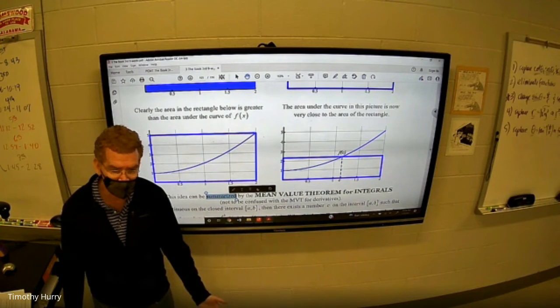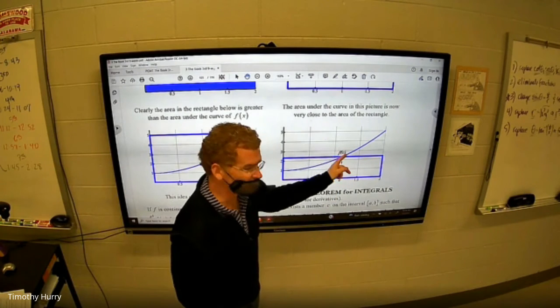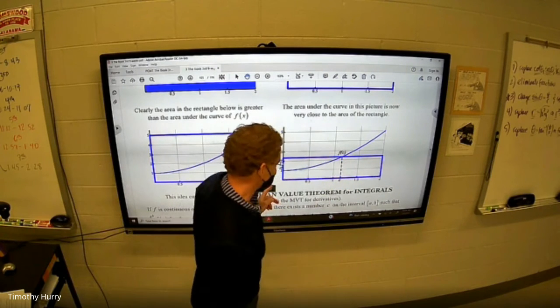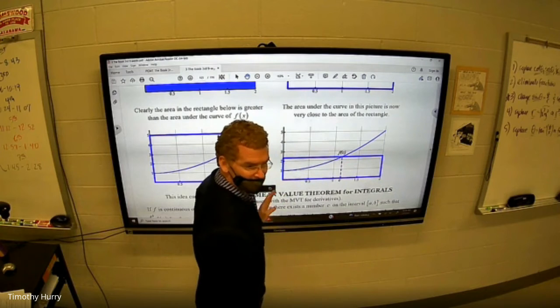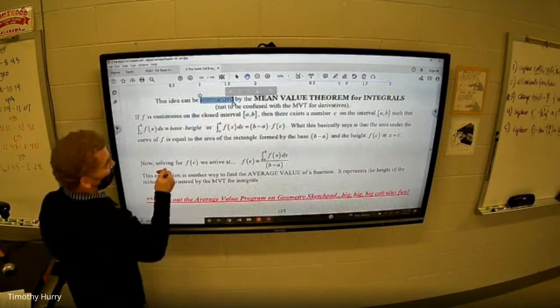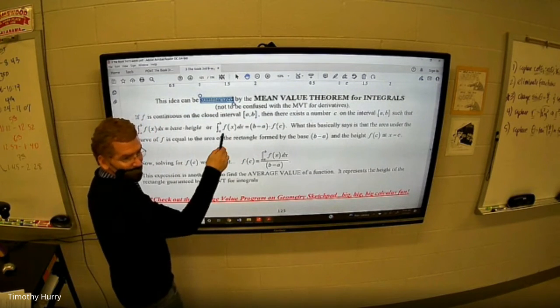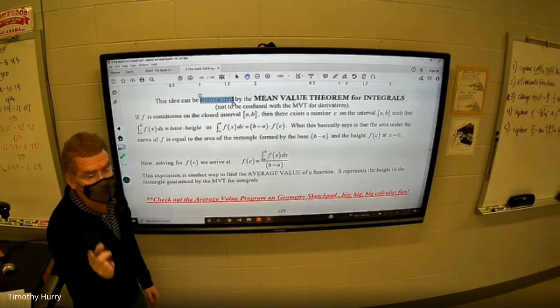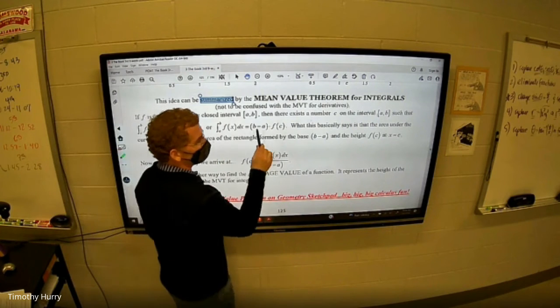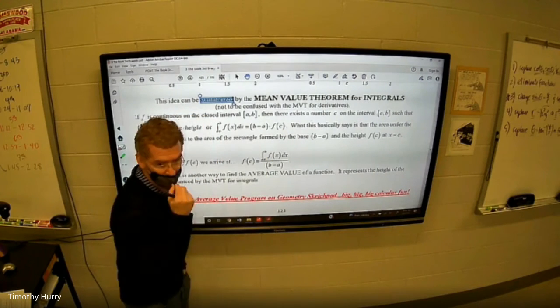All right? So with that in mind, could I call that height f of c and that base b minus a in this case? So let's think about this. If the real area of this function from a to b found by the integral is equal to the base b minus a times some special y value.